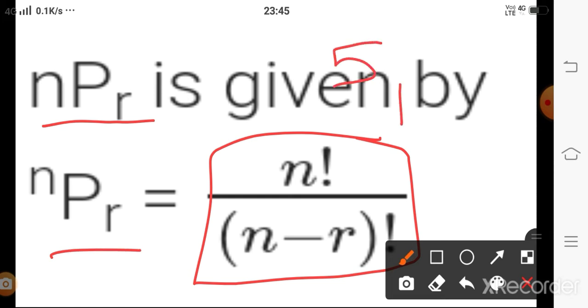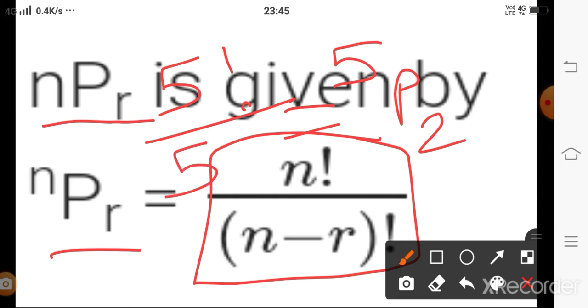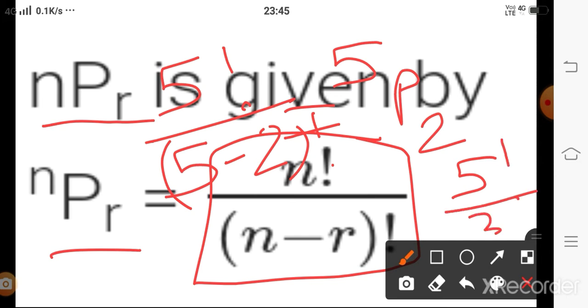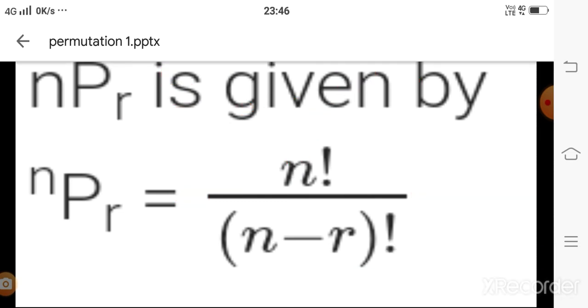Suppose you have to find 5P2, then this is equal to 5 factorial upon 5 minus 2 factorial. And 5 minus 2 is 3, so it is 5 factorial upon 3 factorial. On solving this, we get the solution of the question.